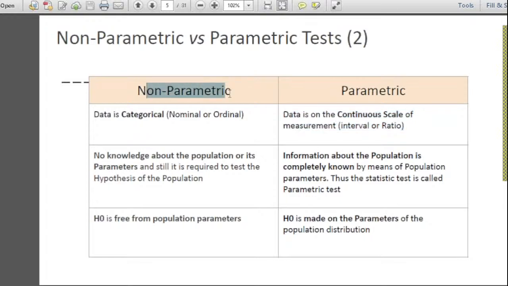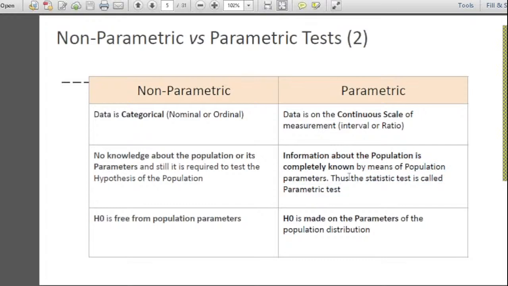We know that our data is ordinal, ranked, we'll go with non-parametric. Okay. In a parametric test, information about the population is completely known by means of population parameters. Thus, the statistical test is called a parametric test.